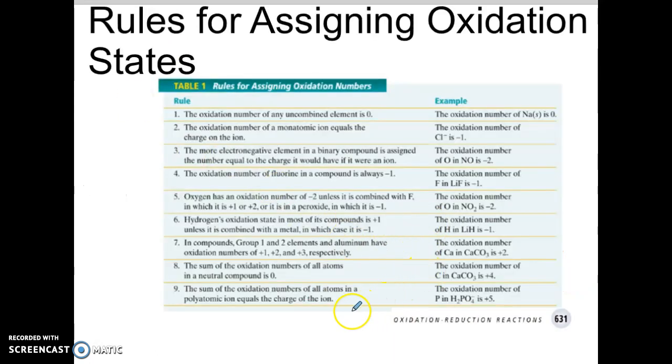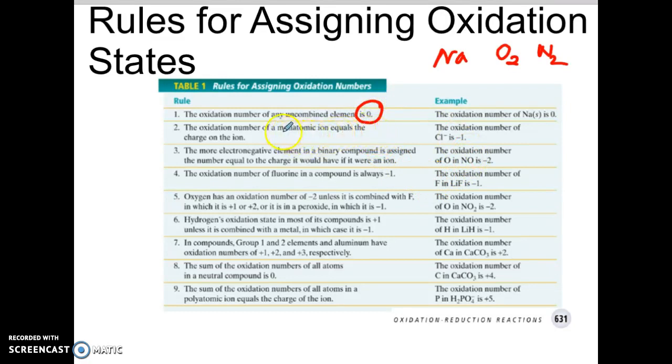We're going to learn how to assign oxidation numbers, and there are some rules to go over. The first one: anything that is a pure element, like sodium, diatomic oxygen, or diatomic nitrogen, has an oxidation number of 0.